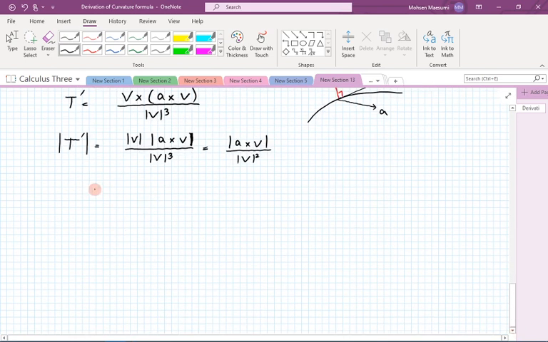So t prime over v, this is what we defined as curvature, or we derived that as a curvature. Well, I have to take this thing divide by another v, so I'll have a cross v over v cubed. So that's our first victory today.